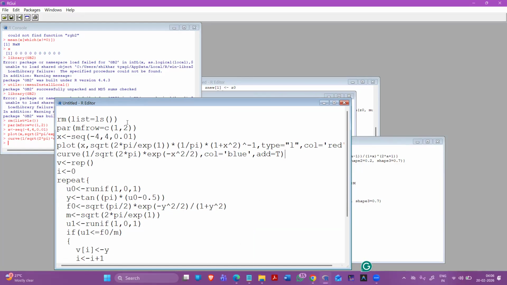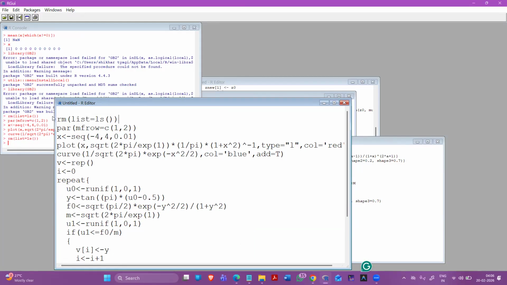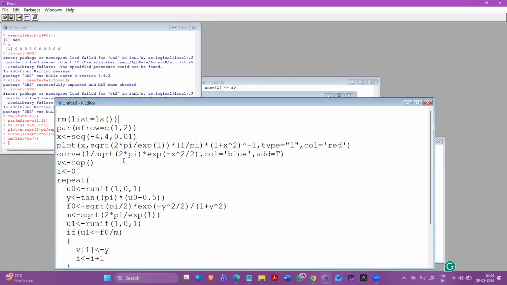So what we are going to do is remove all the previous objects here. Then I am going to plot the density functions. I have two density functions here. The first density function is the square root of 2 pi divided by e raised to the power 1, into 1 upon pi into (1 plus x squared) raised to the power minus 1.